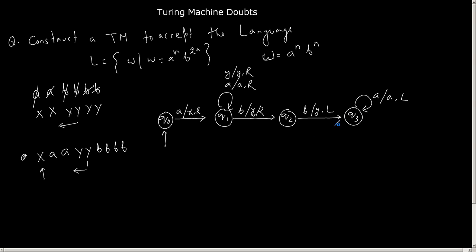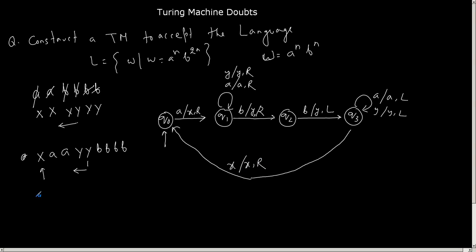I may hit another Y also, so just skip that Y and move towards left. If you find an X, this means you have reached the boundary. Then you don't do anything and move towards right.